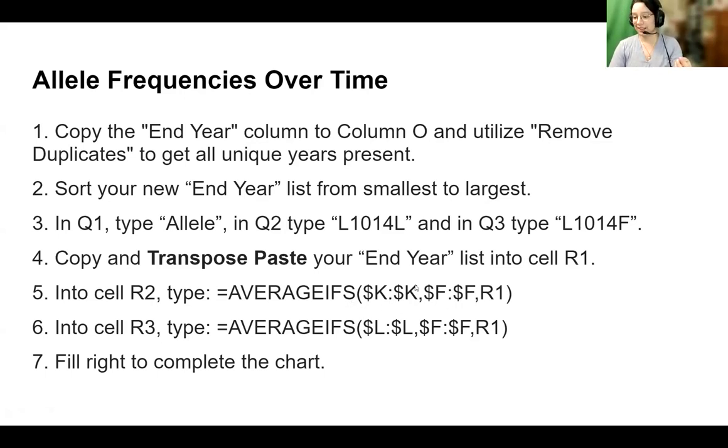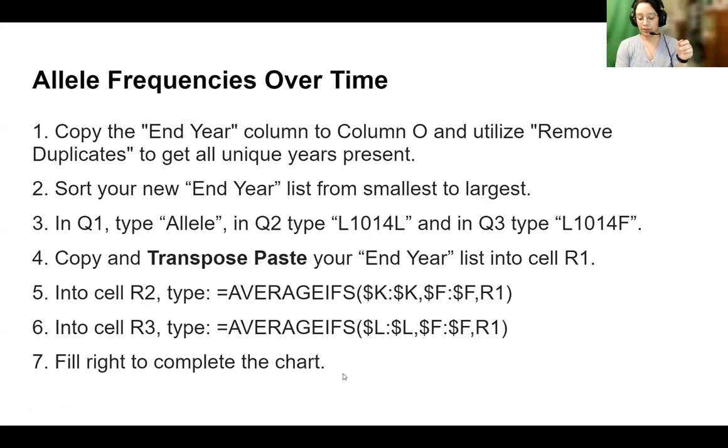And here we see the $ signs make a reappearance. So now that you've seen what the $ signs actually do, maybe this looks a little bit more familiar to you. And then R3, average if, same thing. We are changing the formula a little bit because we have to look in 2 different columns for our allele data. And then we want to fill to the right to complete the chart.